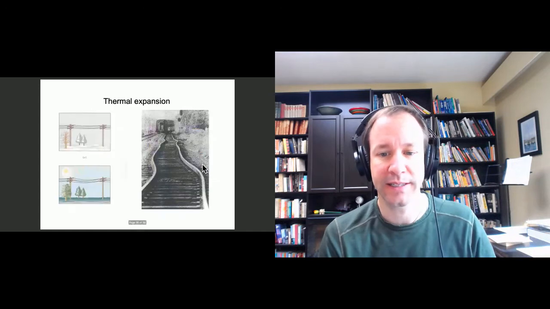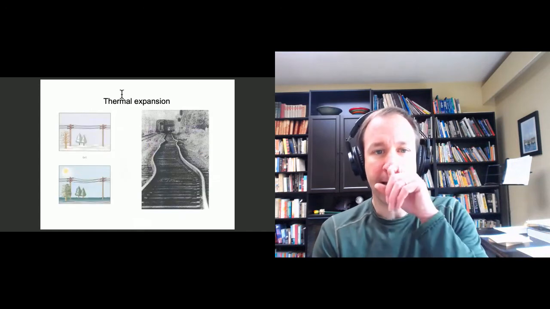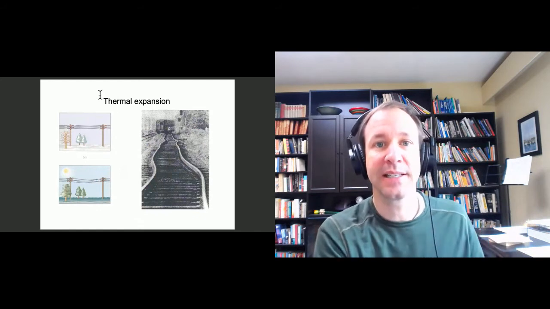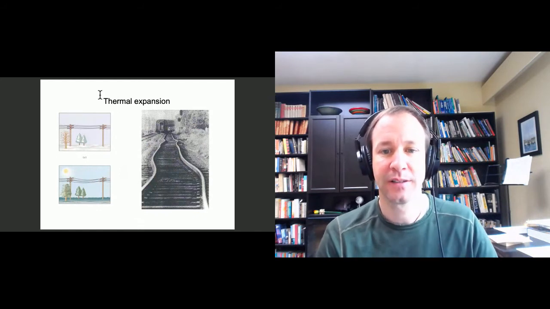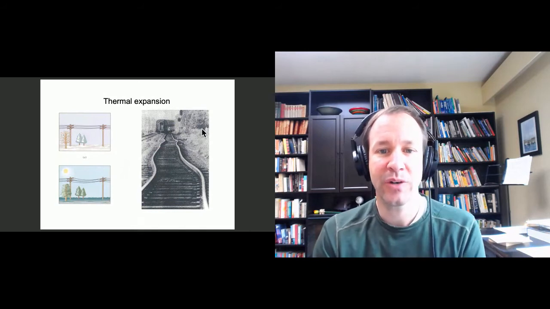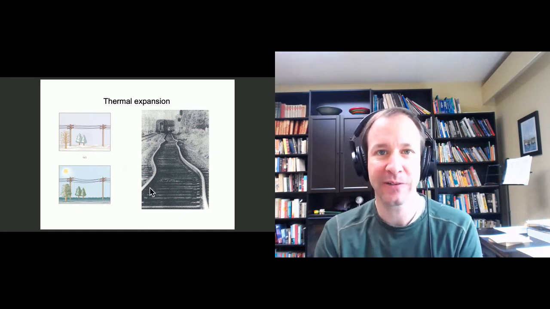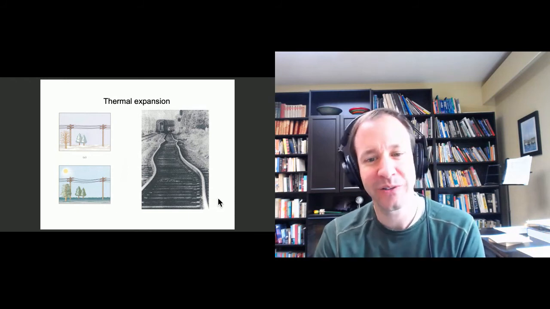Okay, so that's what we're going to get to now. I want to talk a little bit about thermal expansion, and we're going to get into this in more detail next time. So I wanted to show you this picture. This is what happens if you don't properly take into account the thermal expansion properties of your materials. And this is kind of a warning to you.